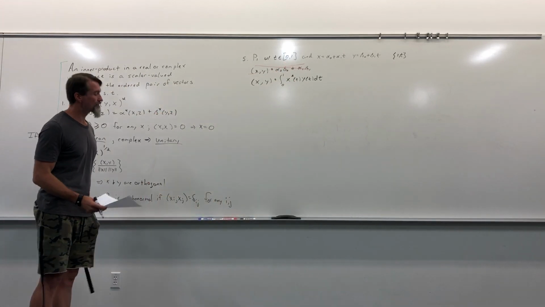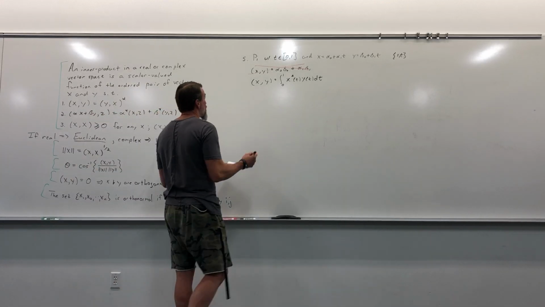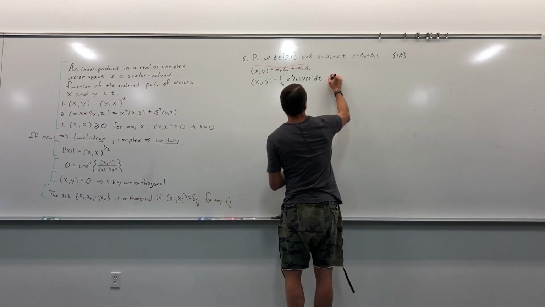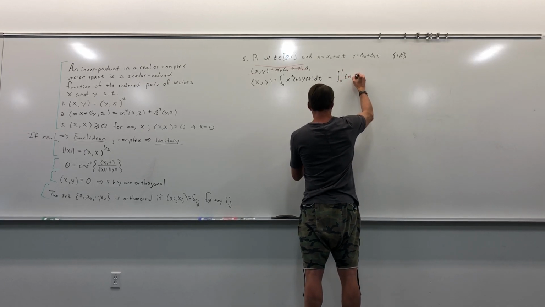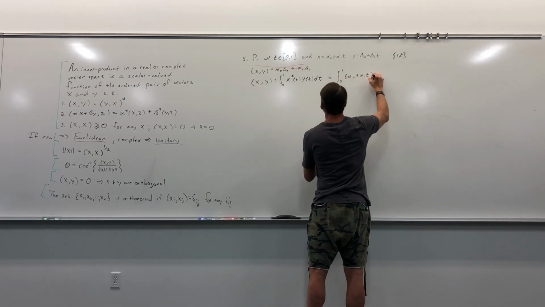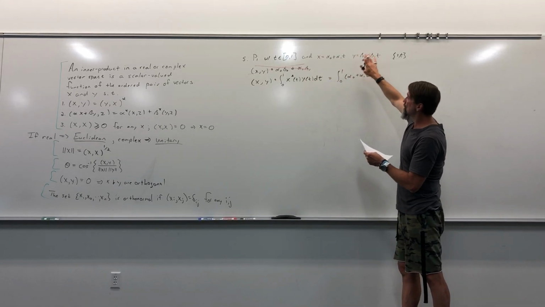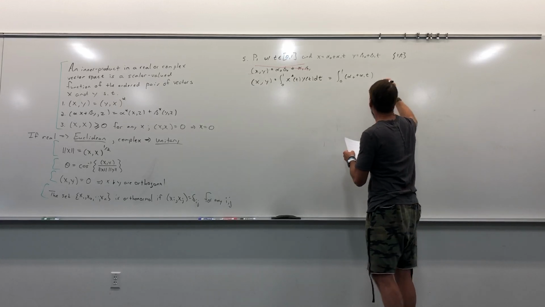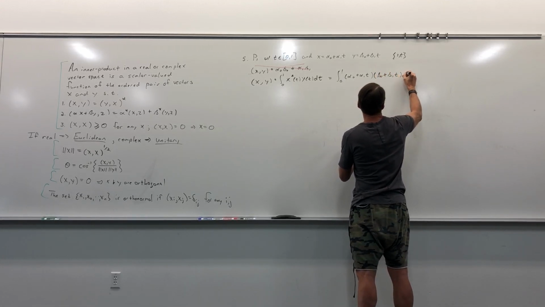Okay? Now let's apply this and see what we get. All right? So we can do this. Integral from 0 to 1, alpha naught plus alpha 1t. We can assume everything's real in this, so the star is not going to play a role. Beta naught plus beta 1t dt.